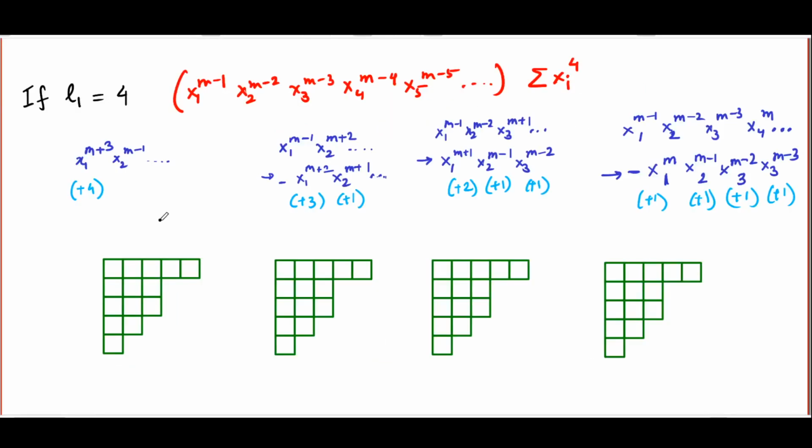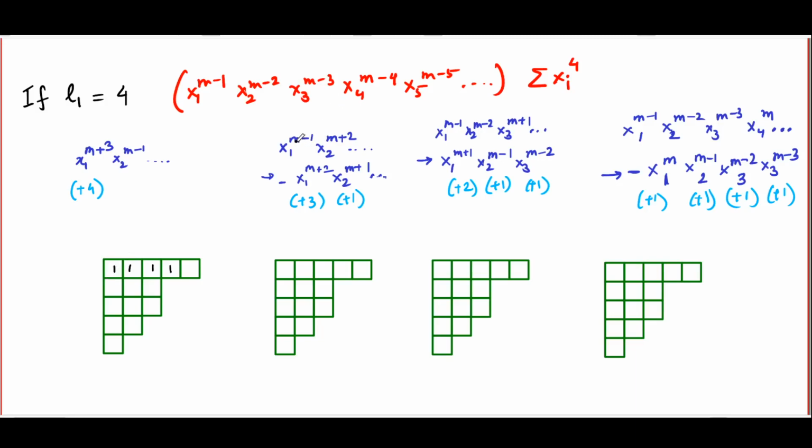In this case, let me just quickly go through the legitimate multiplications that we can do. We can multiply this initial term from the determinant by x1 to the 4, leading to x1 to the m plus 3, the power of x1 going up by 4, and that of course means you are putting all your 4 products or 4 dots, in this case just the 4 ones, in the top row.